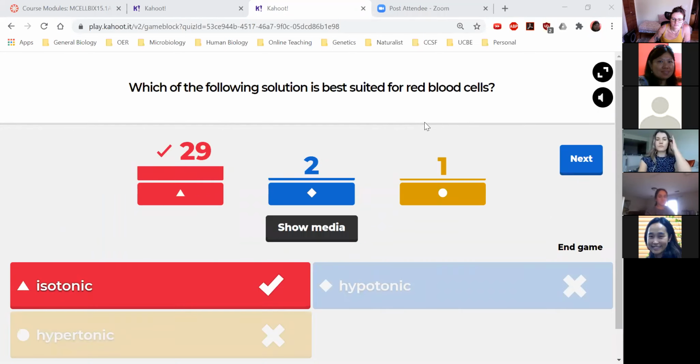Okay, so we have 32 answers, and on paper there should be 34 of you. I don't know if someone's having technical difficulties or not participating. But the correct answer we're looking for here is isotonic. So 29 is pretty good.